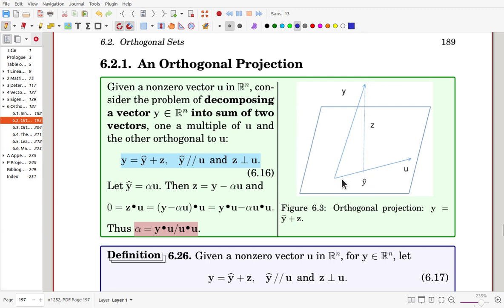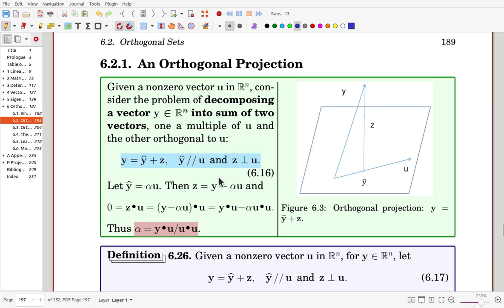One is parallel to u, and the other one is orthogonal to u. So therefore, this y, we try to find the parallel to u, this component, and the orthogonal to u, that component, so that y equals y hat plus z, y hat is parallel to u, z is orthogonal to u.